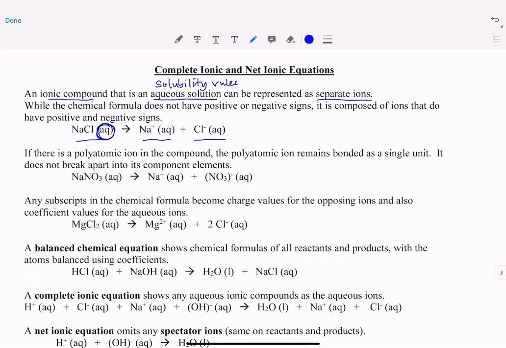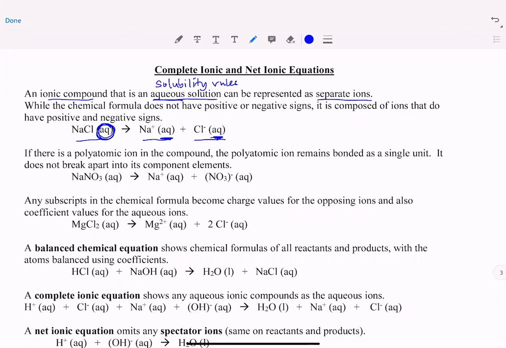Just focusing on those that are aqueous, when there's the AQ physical state, you can break apart the ionic compound into the individual ions, and both of those ions are also AQ. That means they're still dissolved in the solution.